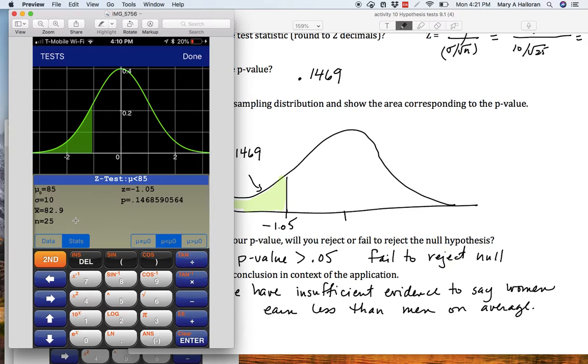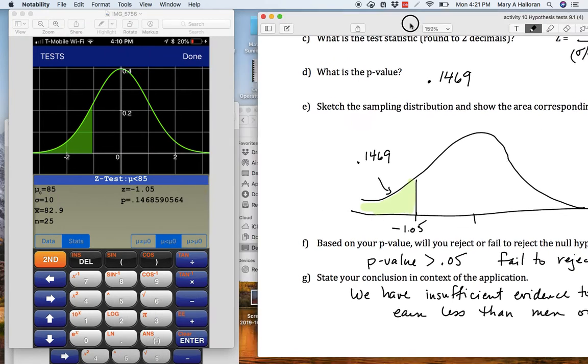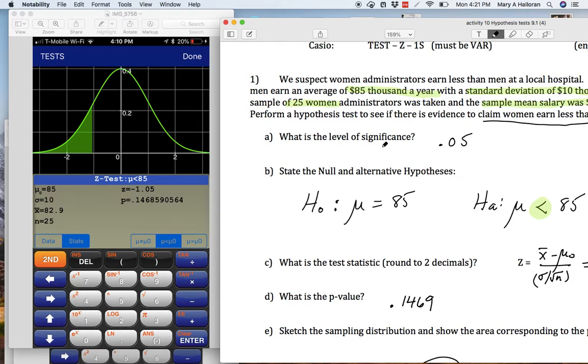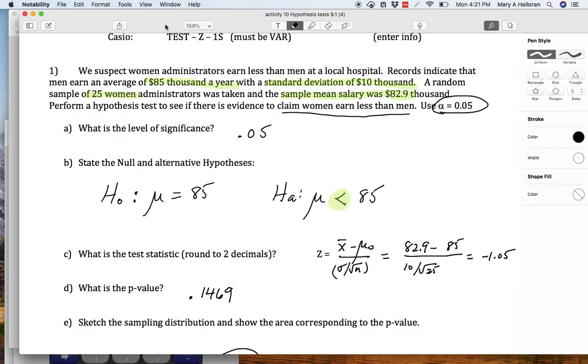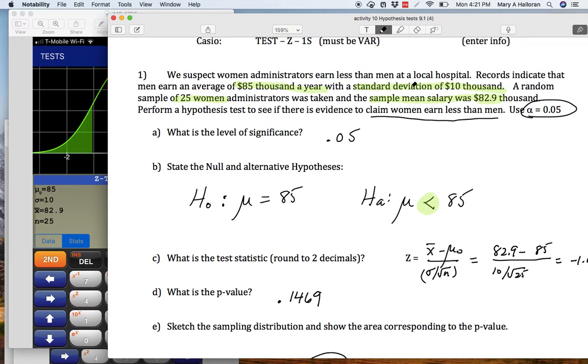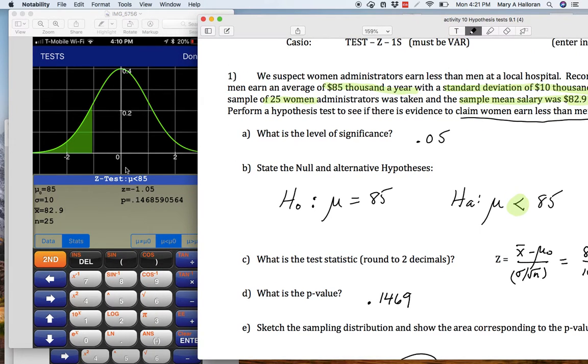The null hypothesis is that the mean is 85. There's your mu naught. Population standard deviation is 10. You were told that standard deviation was 10. Your sample mean was 82.9. That's your x bar. You had 25 in your sample.